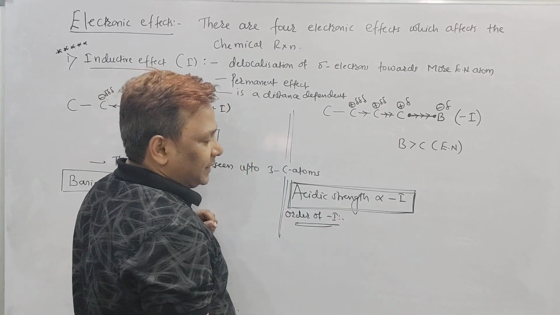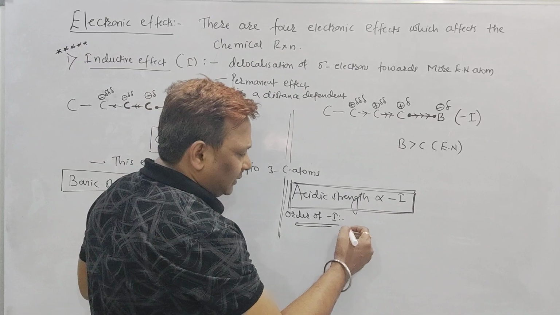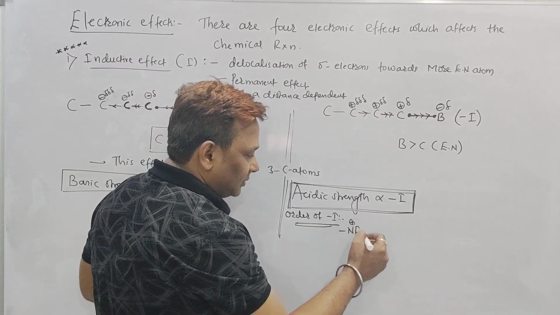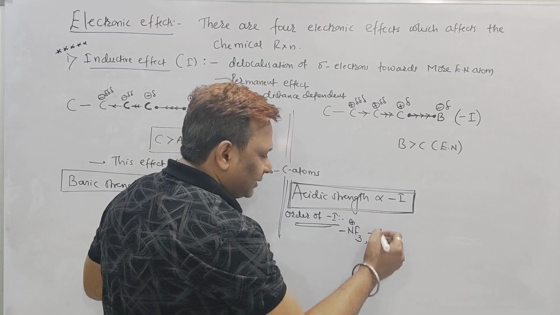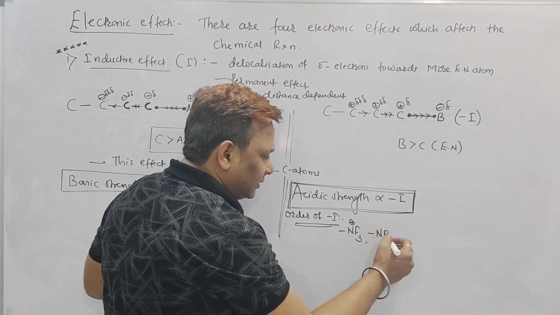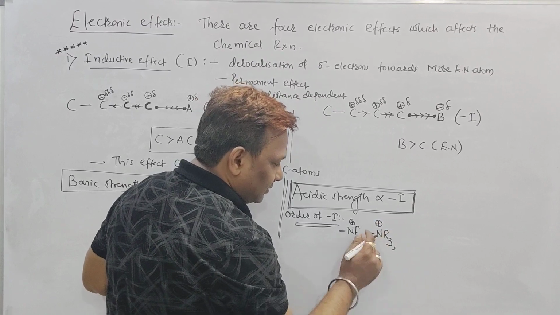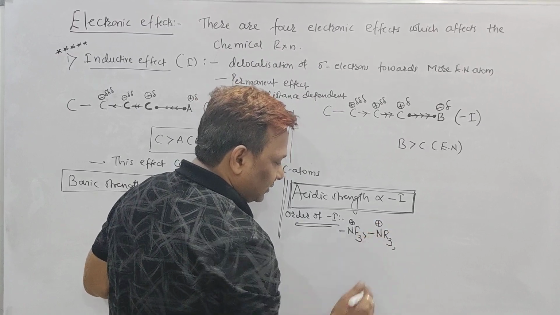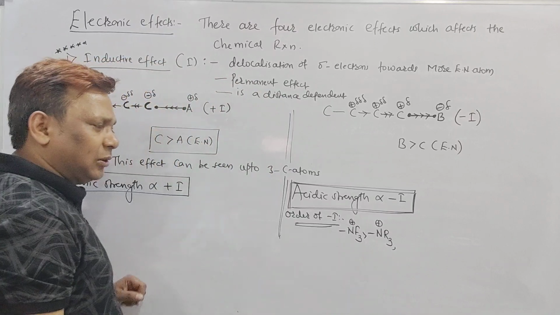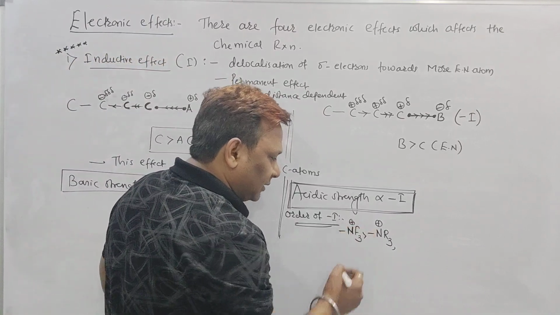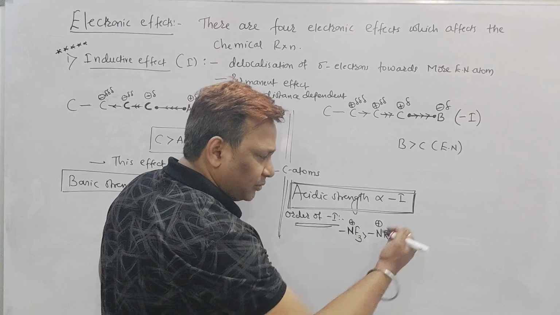Order of minus I. We can say NF3+, then NR3+, which is more negative, because nitrogen having a positive charge does not have a tendency to donate, it has a tendency to withdraw.